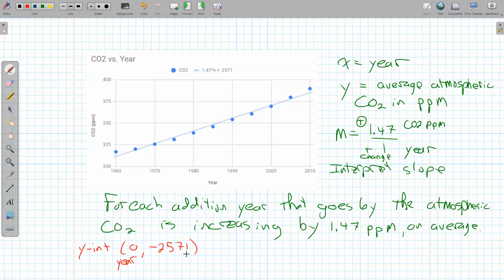No, that's not possible. That's crazy. So there is no reasonable interpretation for this. But I need it to get the line in the right spot. If I put some other number here, the line's not going to be in the right spot.